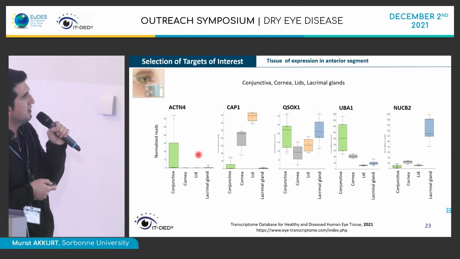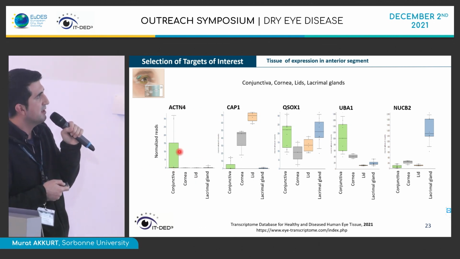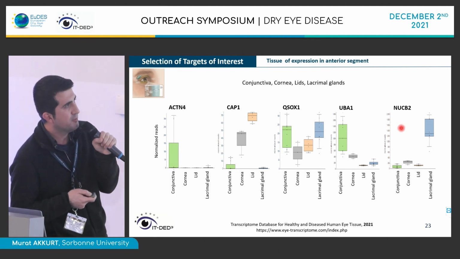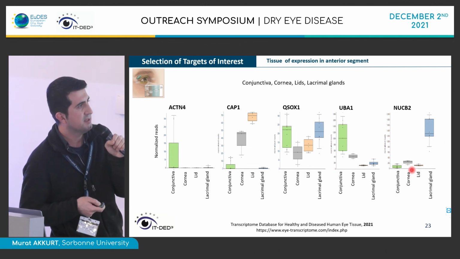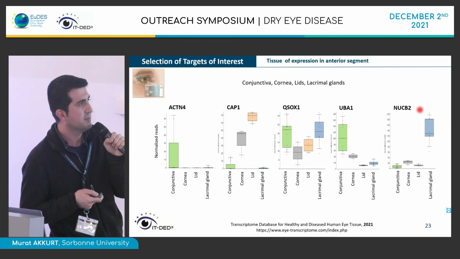So for example, here I can see that actinin 4 is predominantly expressed in conjunctiva, and it can be a good molecule to have information about in conjunctival cells. And for nucleobindin 2, I can see that it's highly expressed in lacrimal gland, so it can be a molecule for lacrimal gland function.